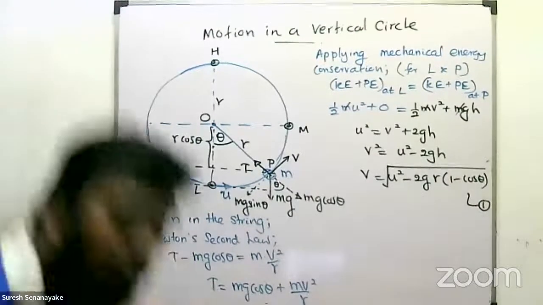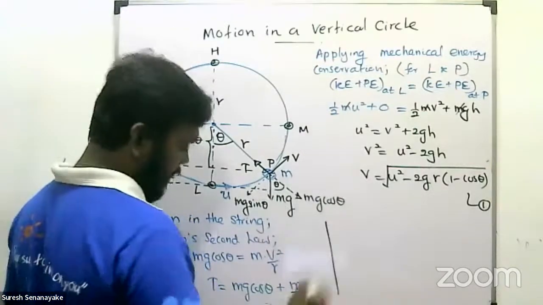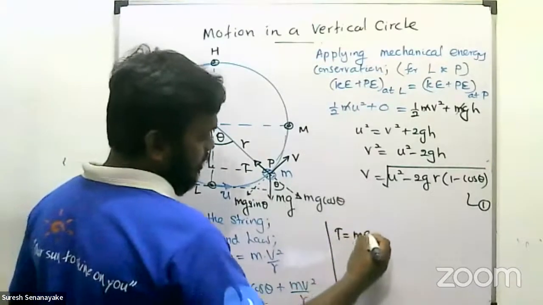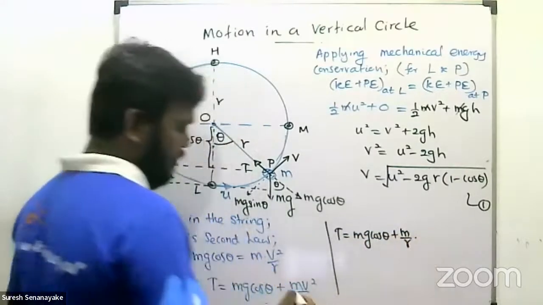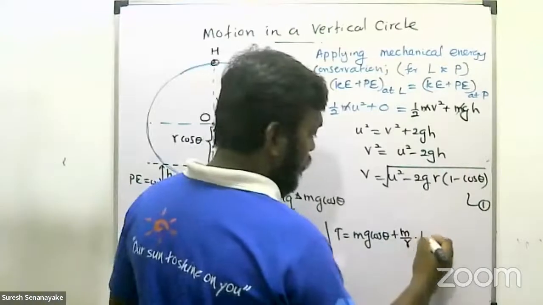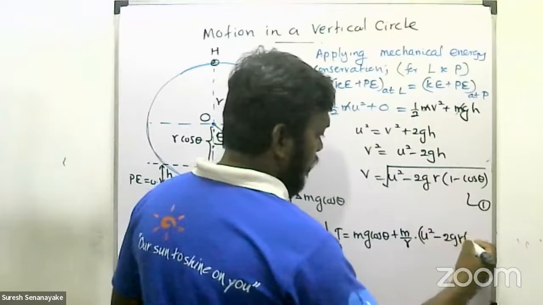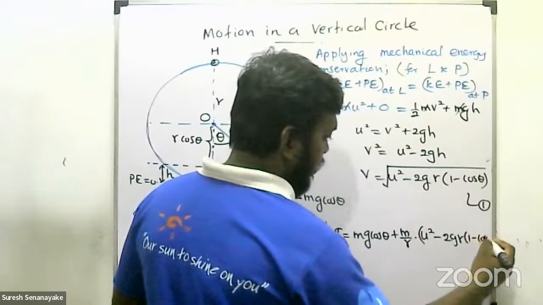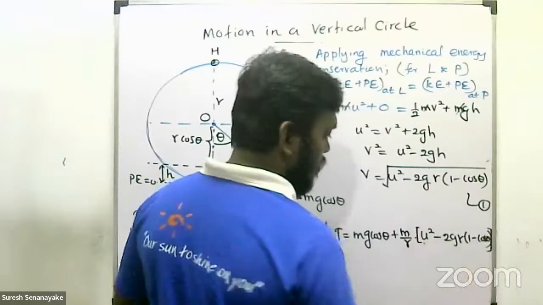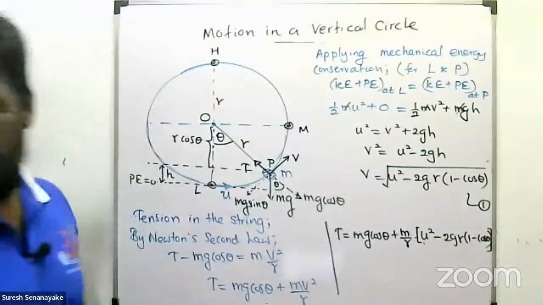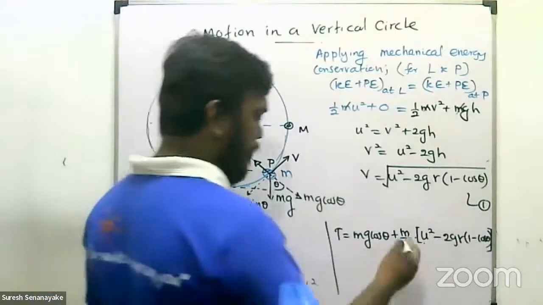Then substitute v here. That's the value of v, mg cos theta plus m v square over r, where v square equals u square minus 2gr times 1 minus cos theta.